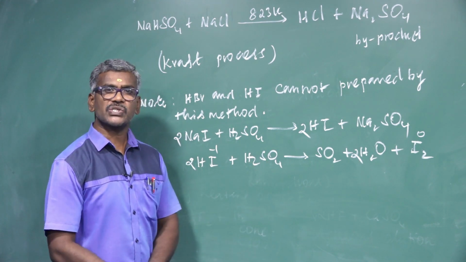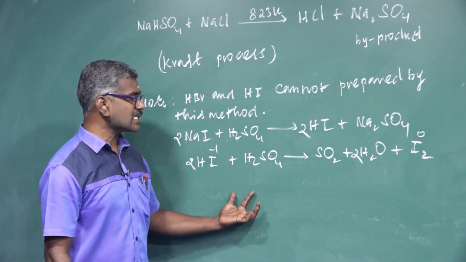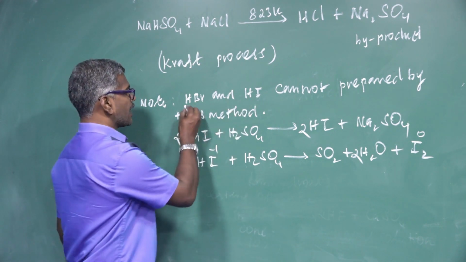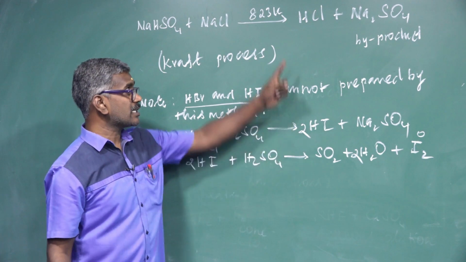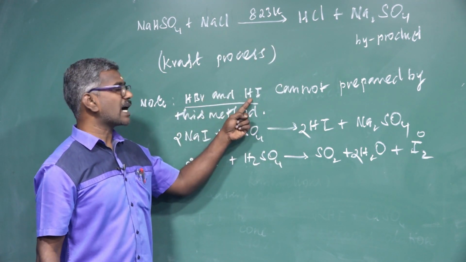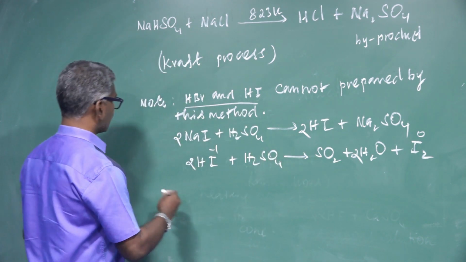In the same reaction, reduction and oxidation take place. This reaction is known as a redox reaction. So HBr and HI cannot be prepared by this method because they decompose sulfuric acid, converting it into SO2.